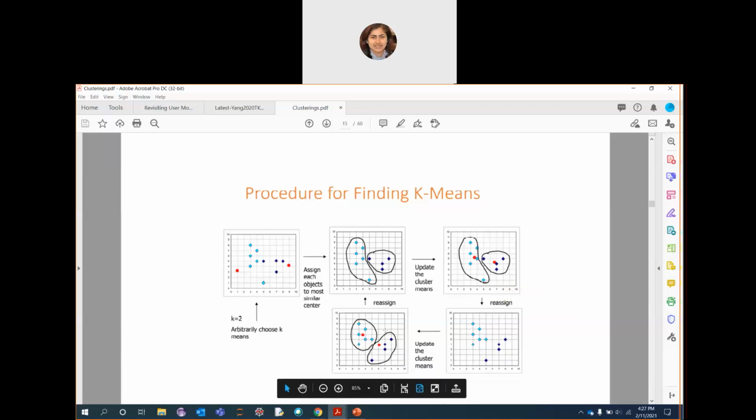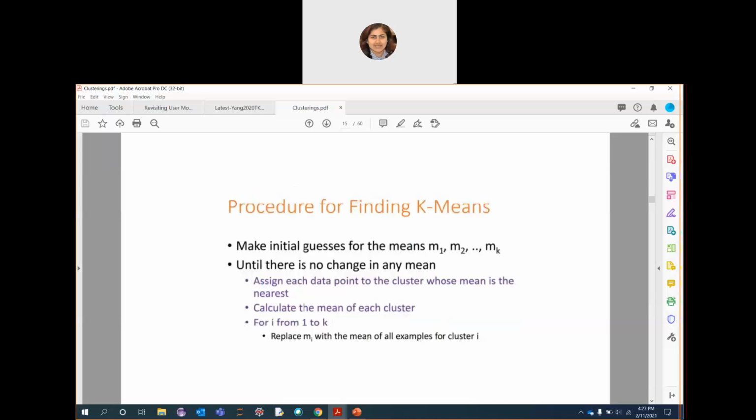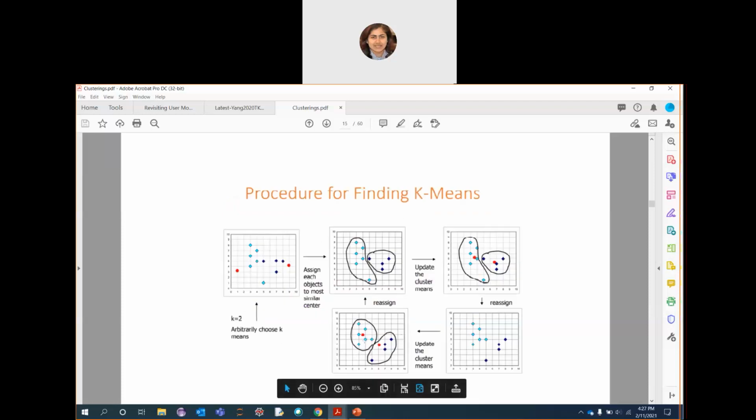Like this you will repeatedly do this until your mean never changes. No change in any mean. So let's say after the next step, when you update the cluster means, you don't find any change. The mean still remains there. That means this is the final result, and you should stick to that. You will find the output from the cluster formed in the last step.